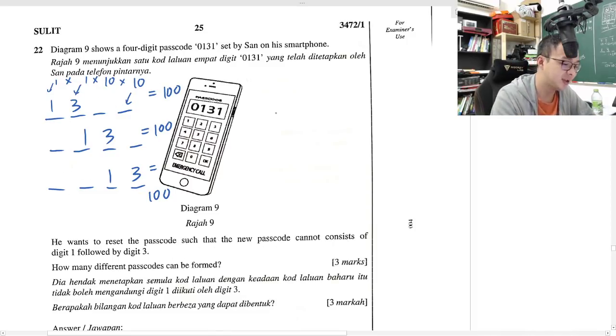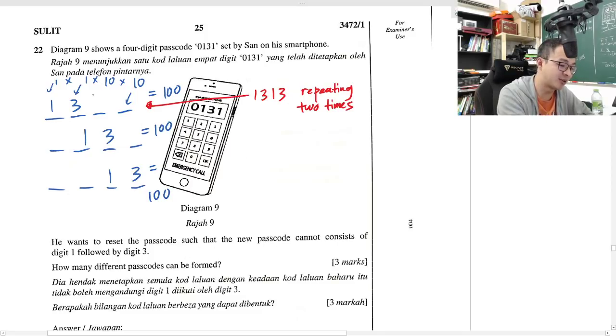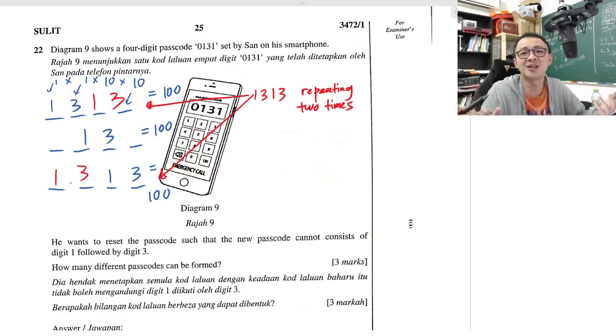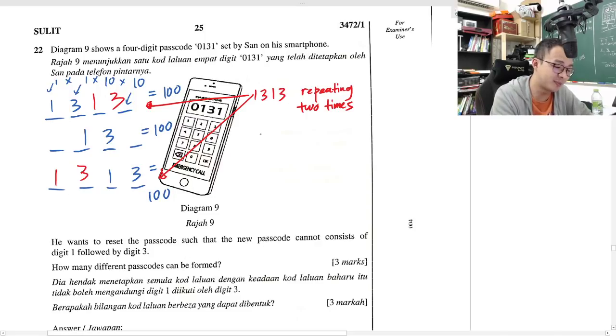I'm repeating 2 times for this one, 1, 3, 1, 3. First time is from here, I will possibly get 1, 3, 1, 3, and here I'm also possible to get 1, 3 and 1, 3. So I just count it as 1 only because it's the same passcode. So it's basically 300 minus 1, which is 299. Okay, this one is 1 followed by 3.